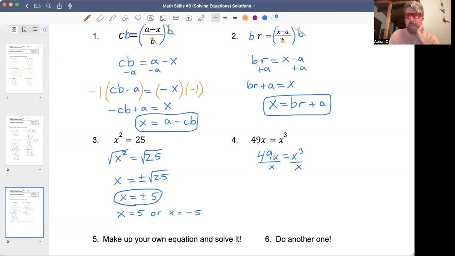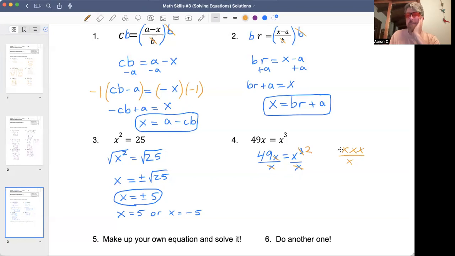The x cancels out. And just like we did before, we could write it as x over x, and one of those is going to cancel out with one of those, and we'll have an x squared on top. But we can write it like this as well. We can just go, that x cancels out that and turns it into a squared.